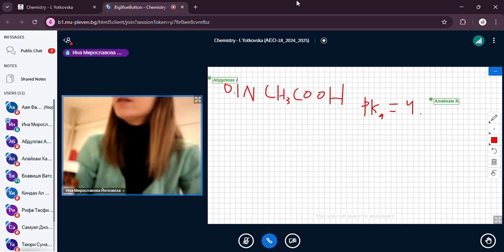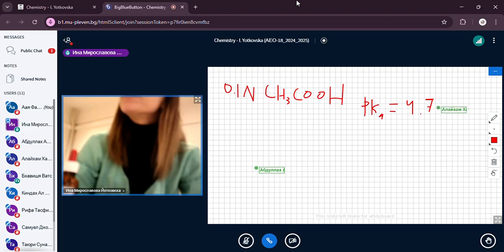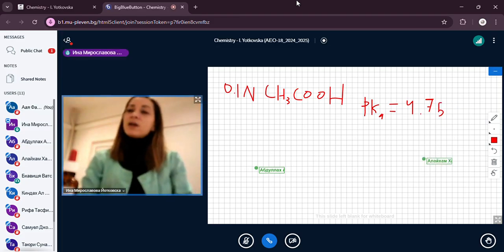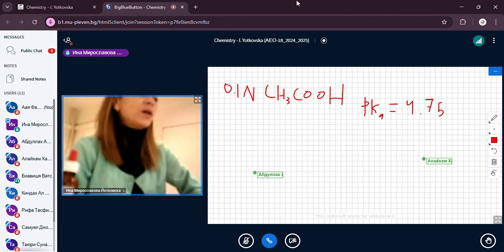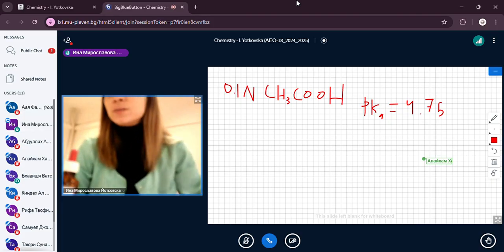Now calculate the pH according to these values. Acetic acid is a weak acid. For that reason, we will use the formula pH is equal to pKa plus pCa divided by 2.